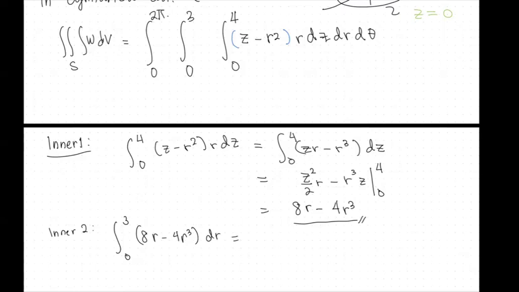We get 8 squared over 2, so 4 r squared minus 4 r raised to 4 over 4, so r raised to 4, and then 0 and 3.